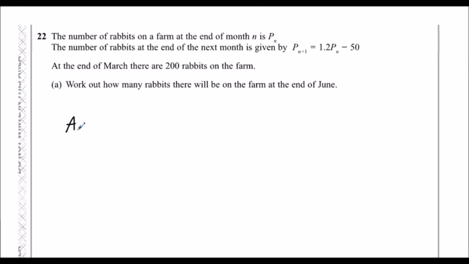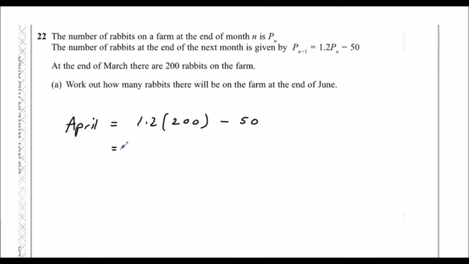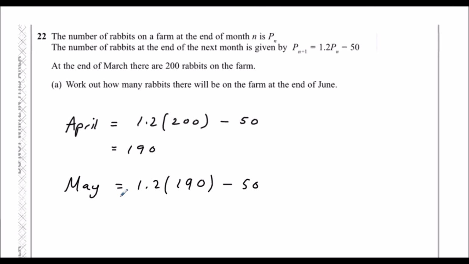So for April, we've got 1.2 times 200, take away 50, which is 190. Then May, which would be 1.2 times the last month, which is 190, take away 50, is 178.